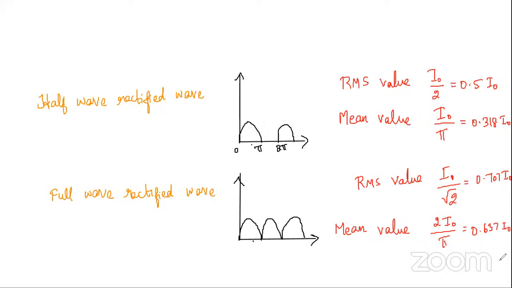And now we will be discussing these values for a square or rectangular wave and also sawtooth wave. So for these waves we will be discussing now. So this is square wave. Okay. Or you can also consider a rectangular wave. That's not an issue.